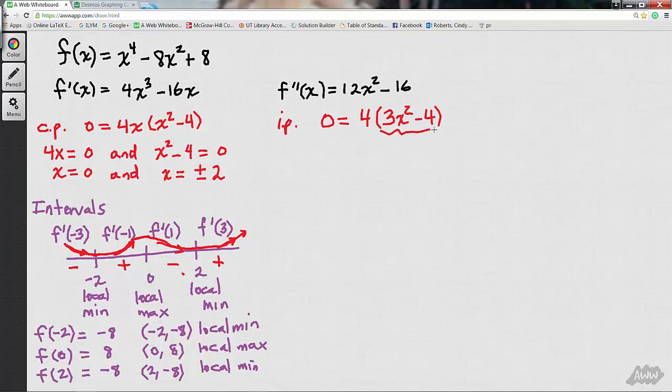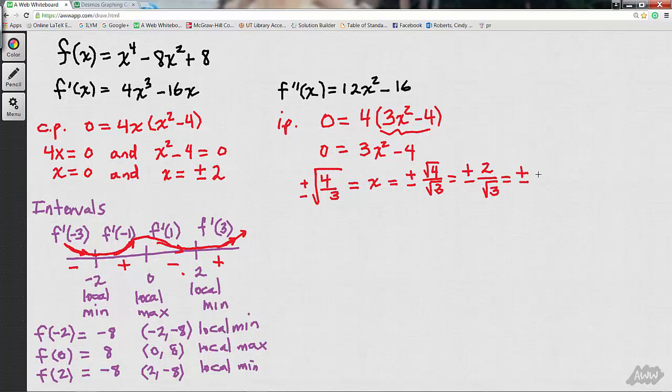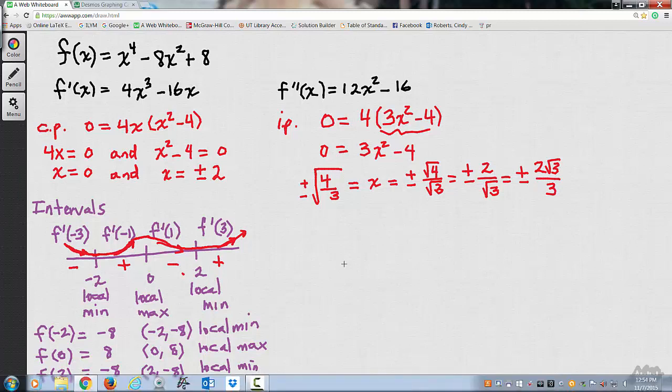Of course, I'm just setting this factor equal to 0. 3x squared minus 4, so 4 over 3 equals x squared, and then I take plus and minus the square root. So plus or minus the square root of 4 over the square root of 3, which is plus and minus 2 over square root of 3, which is plus and minus 2 square root of 3 over 3. Just happens to be the way that I wrote it out. All of those numbers mean the same.